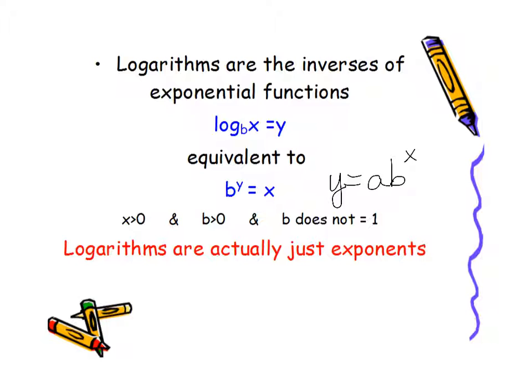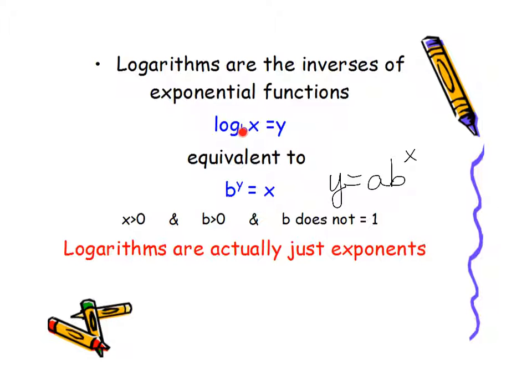Let's look at how the two compare. When you look at this logarithm, it's a log base b. Well, right here in the exponential, the base of the exponential is also b. Of x is equal to y. y is the exponent that you're wanting. A logarithm is really just the exponent that you need to raise this b, the base, to.